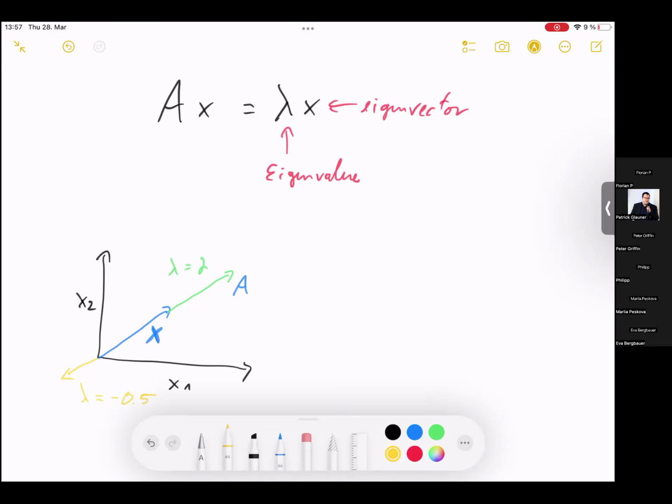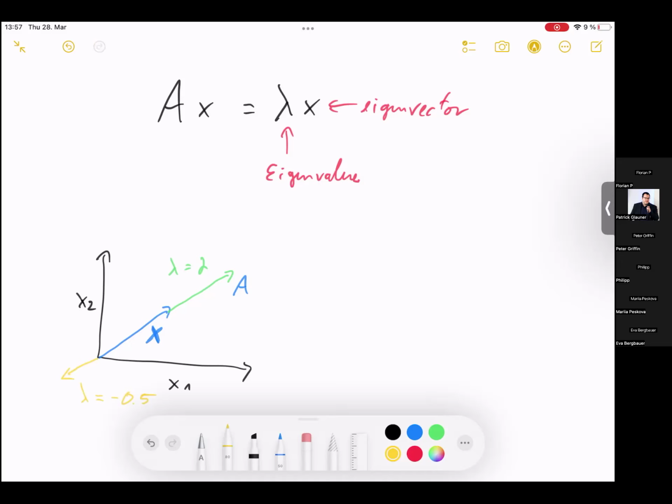So this would be for an eigenvalue of minus 0.5. That's just the opposite direction. But the direction cannot change otherwise if X is an eigenvector of A.